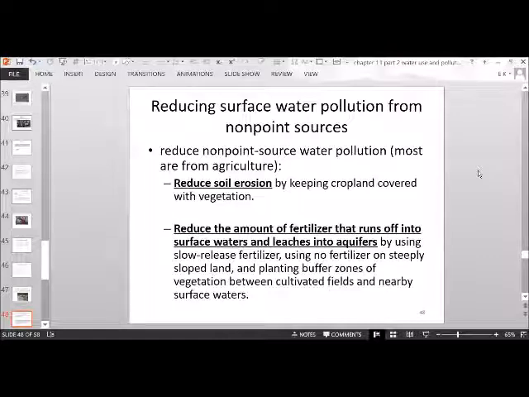So we could work to reduce soil erosion by keeping cropland covered with vegetation, reduce the amount of fertilizer that runs off into surface waters and leaches into aquifers. And this could be achieved by using slow release fertilizer, using no fertilizer on land that is steeply sloped, and planting buffer zones of vegetation between cultivated fields and nearby surface waters.